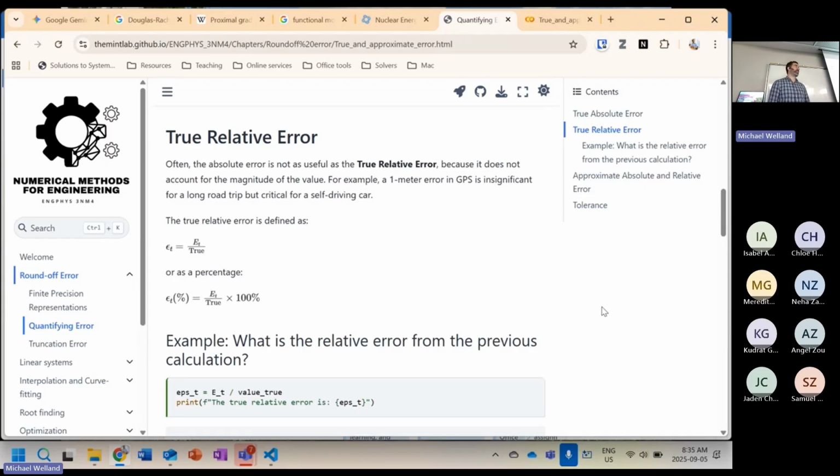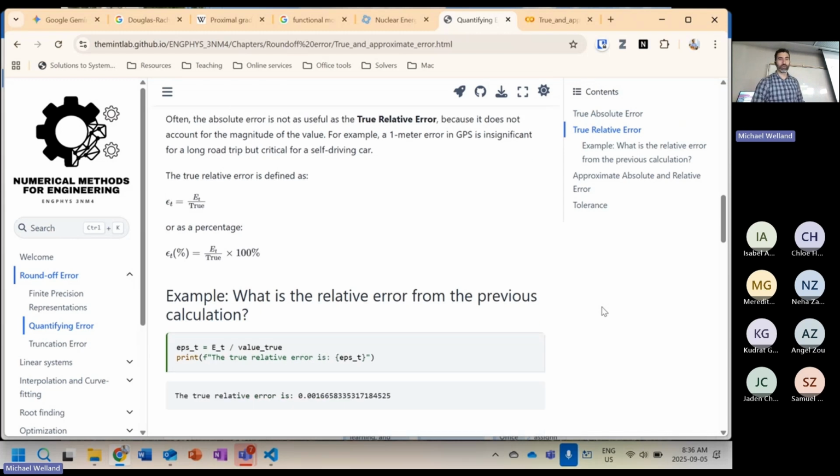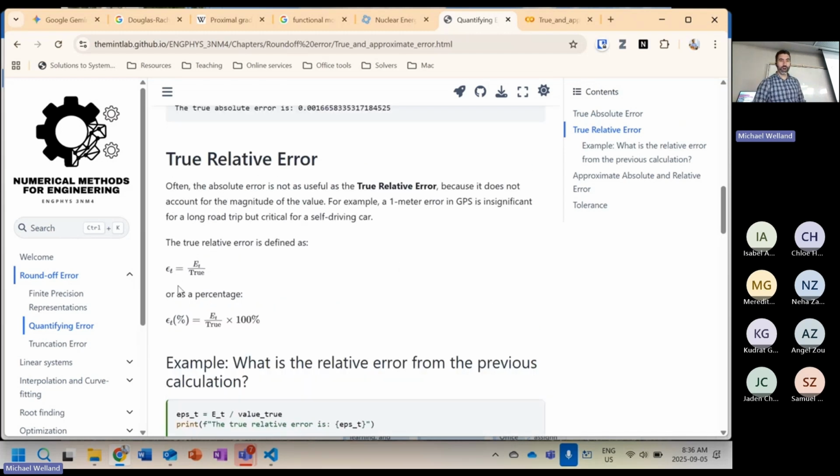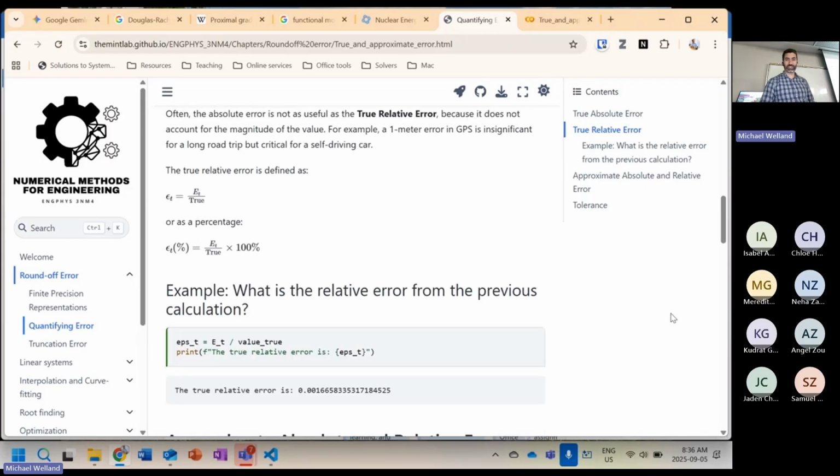You don't really care about a 1 meter difference, right? You're kind of okay with plus or minus like 3 kilometers, right? But if you're driving in the car and your GPS is off by 2 meters, well, you just got in the wrong lane to get off the highway, right? So the relative error is sometimes more useful than that. Oftentimes it's expressed as a percent, just out of convenience, to be honest.